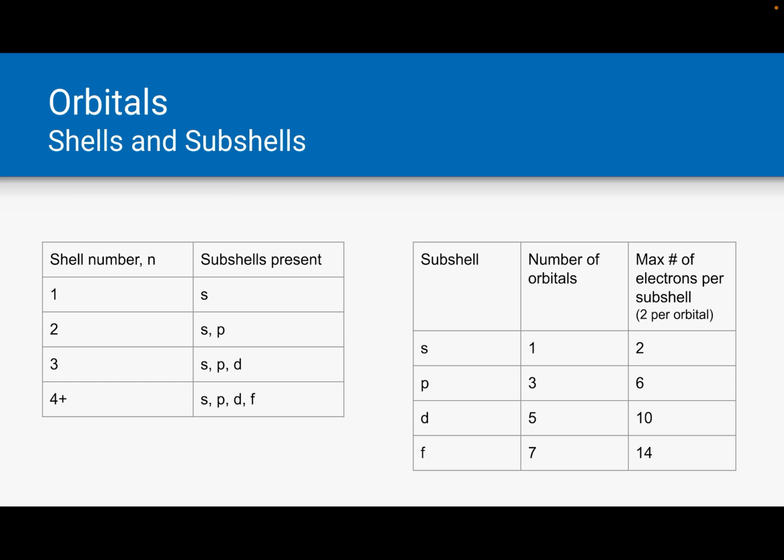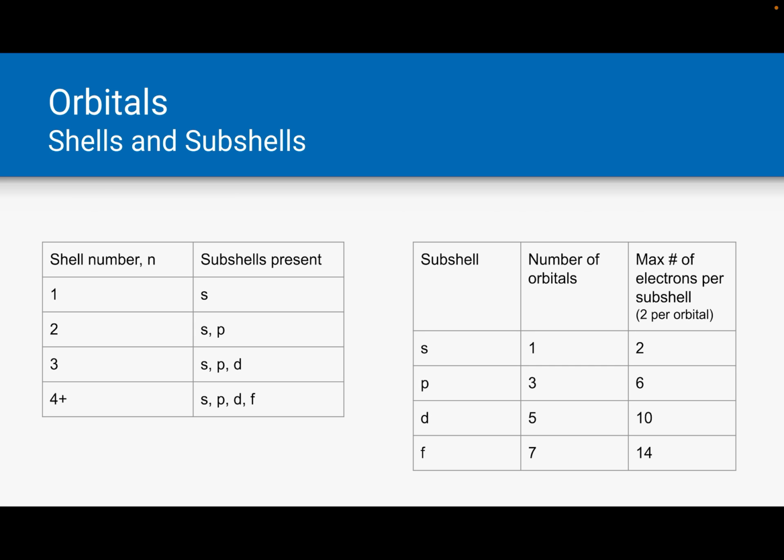Okay, this summarizes for you what we just talked about in terms of the orbital shells and subshells. So remember we talked about shell number, or the principal quantum number, or sometimes just level number, right? The shell number n is equivalent to that Bohr model concept of each orbit being at a different level.